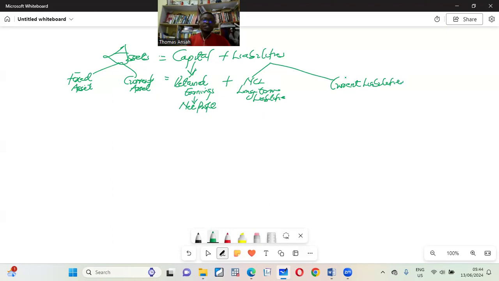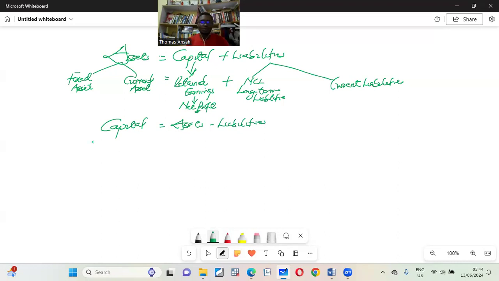Now, because profit was found here, we can have profit from the capital calculation. We also learned last week that capital is equal to assets minus liabilities. So if I want my capital, I can do assets minus liabilities.